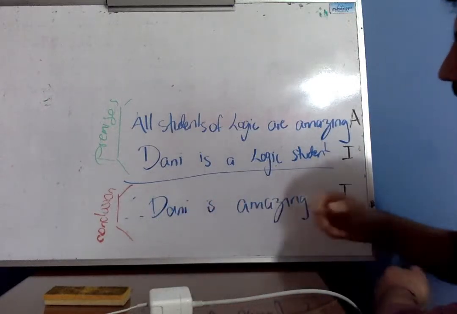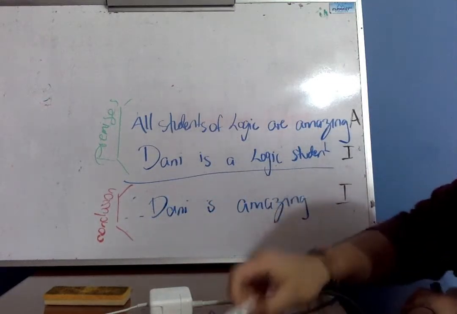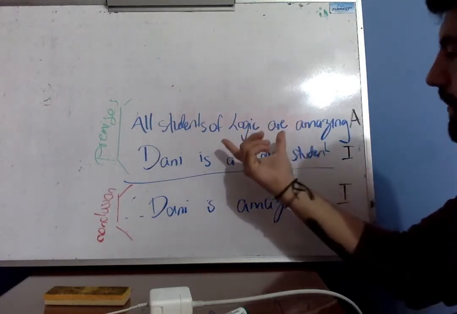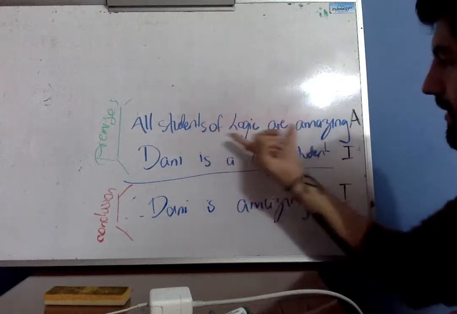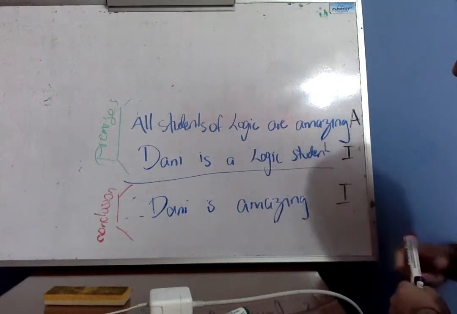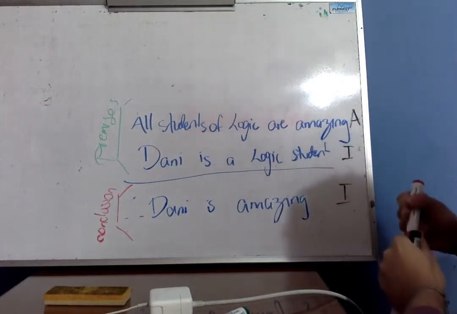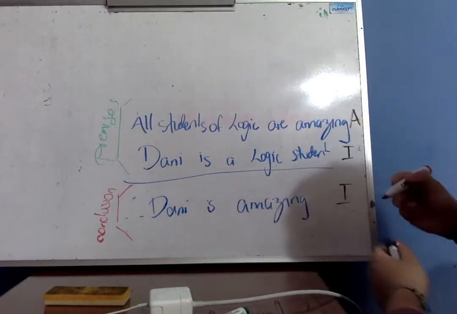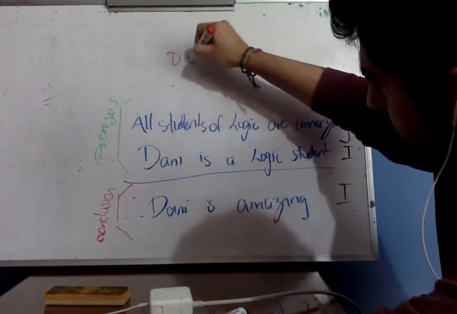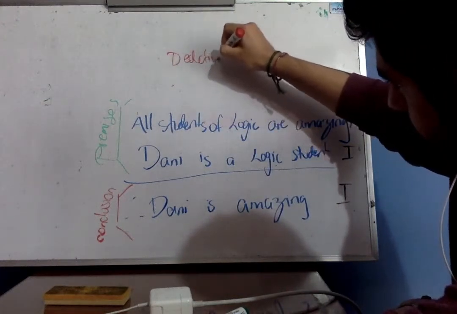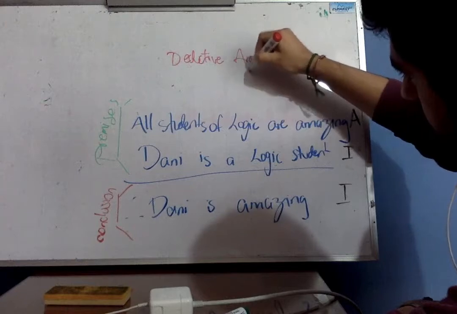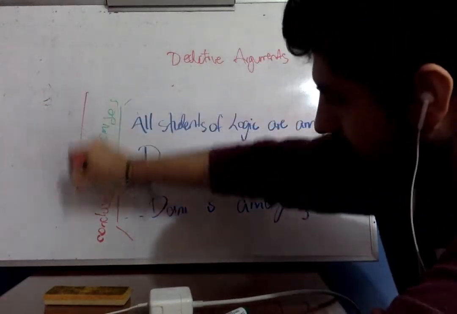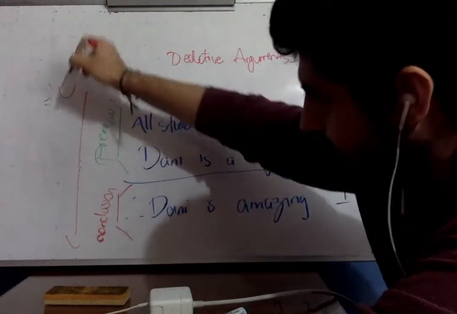In a deductive argument, we begin from a universal premise, in this case, all the students of logic are amazing, and we reach a particular conclusion. So for deductive arguments, we part from universality and we go to particularity.